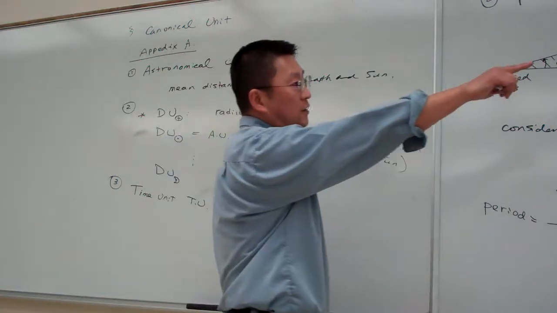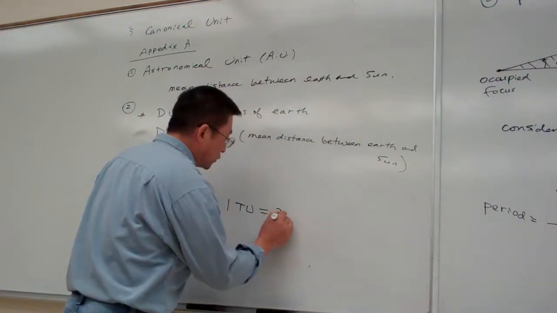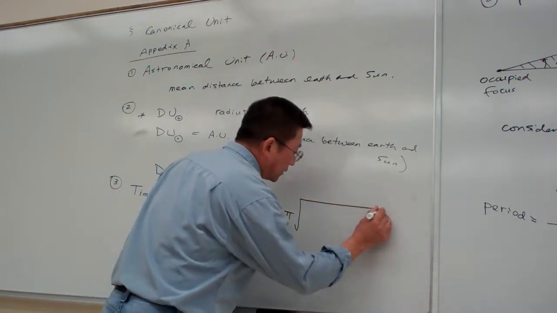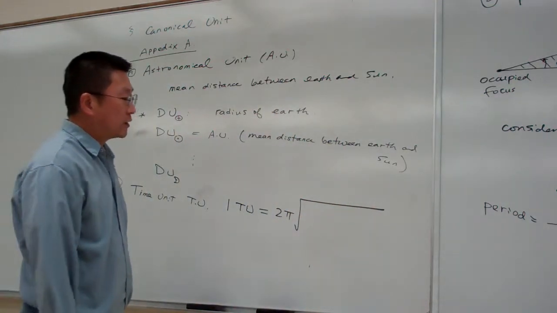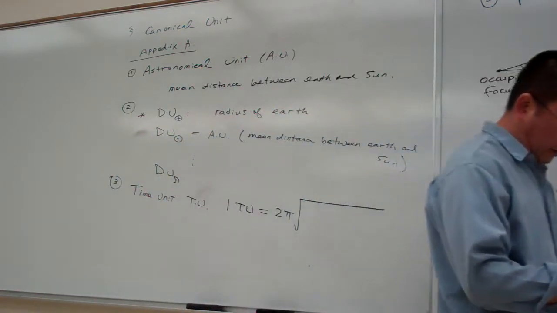We take this as the information, so that will be equal to 2 pi multiplied by the radius of the Earth. The radius of the Earth, I forgot.